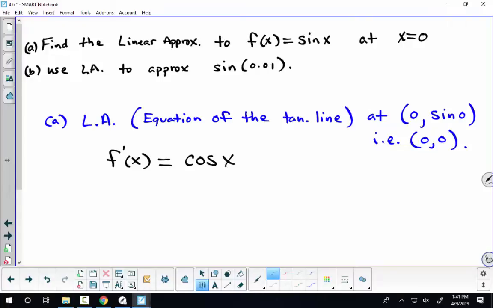Plug in a. Plug in a. So now we're going to evaluate the derivative at the given a value, which was 0. So the cosine of 0 is 1. And then this is the number we're using. That's the slope of our tangent line at the point 0, 0.